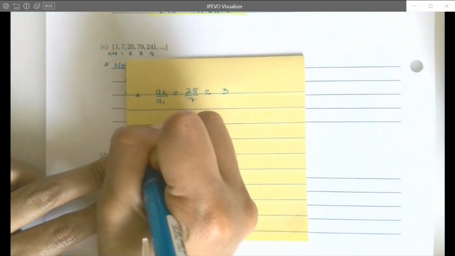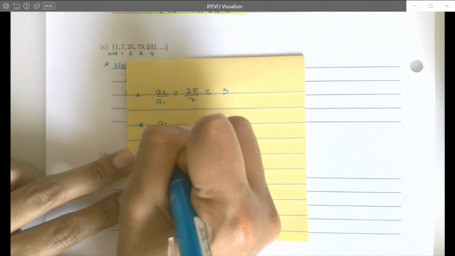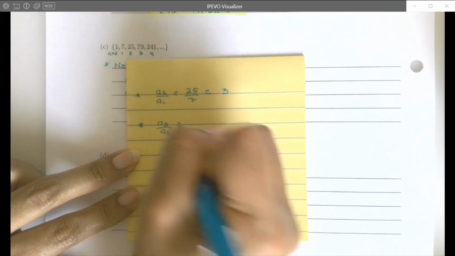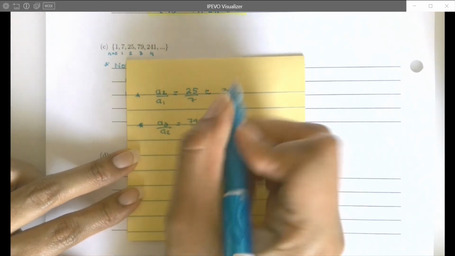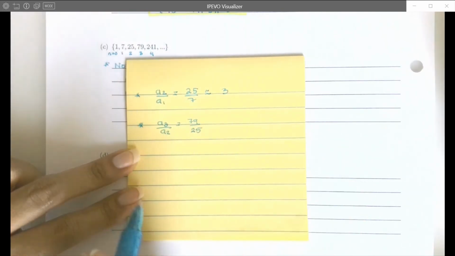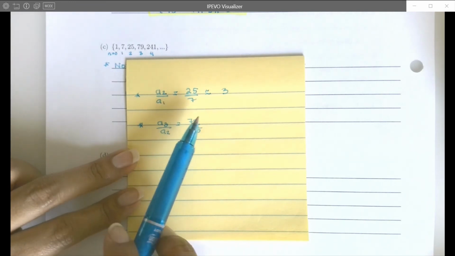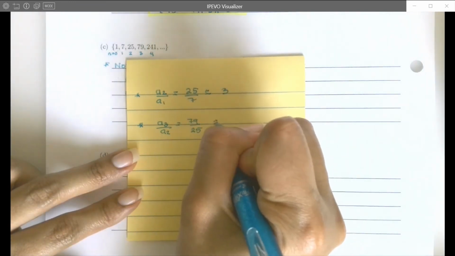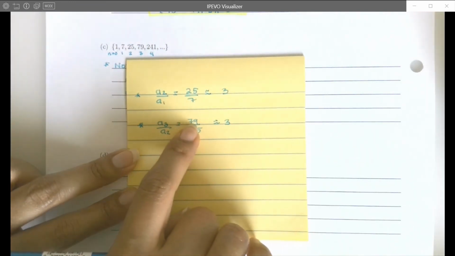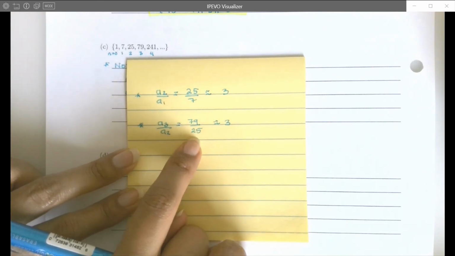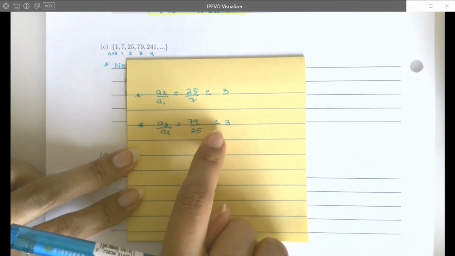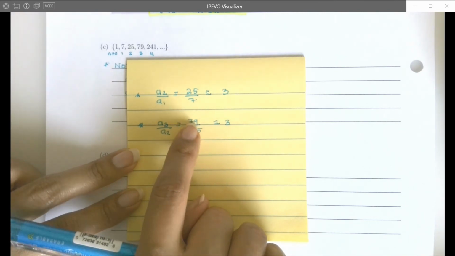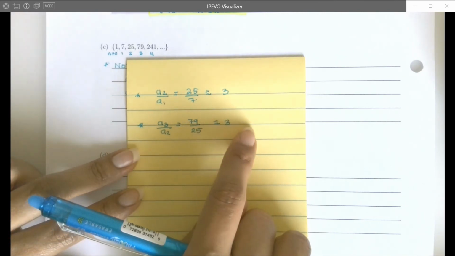If I take the ratio of A3 to A2, that's going to be 79 to 25. Again, this is very close to 3, because if this were a 75, then we would have exactly 3. So we actually see a difference of 4, right? If I take 79 divided by 25, I'll have 3 remainder 4.